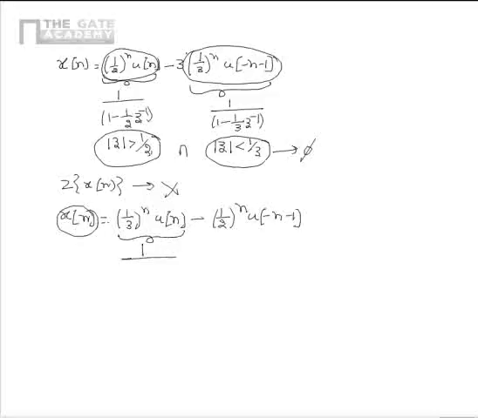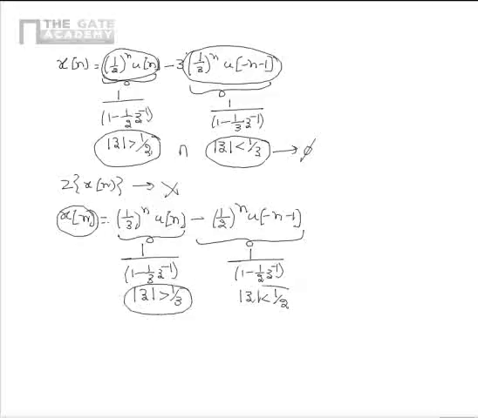So the Z transform of (1/3)^n u[n] is 1 by 1 minus 1 by 3 z inverse with an ROC of mod z greater than 1 by 3, and the Z transform of minus (1/2)^n u[-n-1] is 1 by 1 minus 1 by 2 z inverse, and the ROC is mod z less than half. So here the ROC mod z greater than 1 by 3 and mod z less than 1 by 2 overlap. So the Z transform of x of n exists.